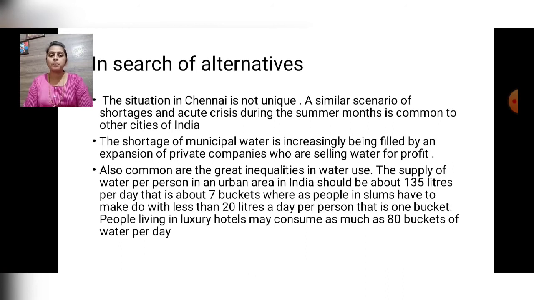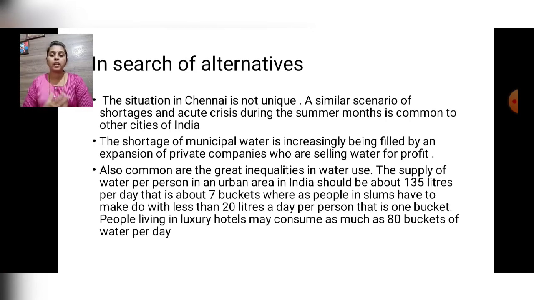The shortage of municipal water is increasing, being filled by an expansion of private companies who are selling water for profit. It is a profit for the private company because they are providing water, especially during summer months when there is more demand. Also common are the great inequalities in water use. The supply of water per person in an urban area in India should be about 135 liters per day.